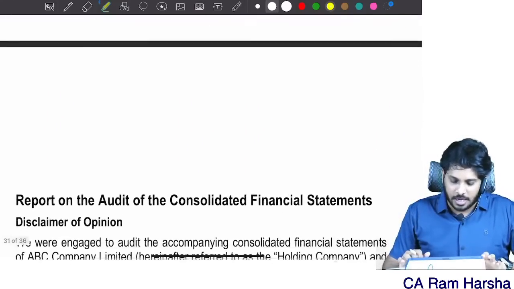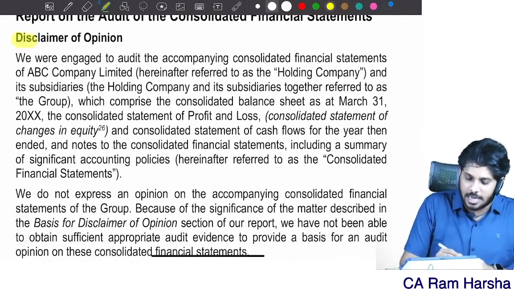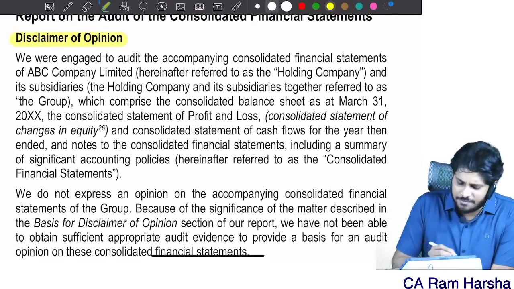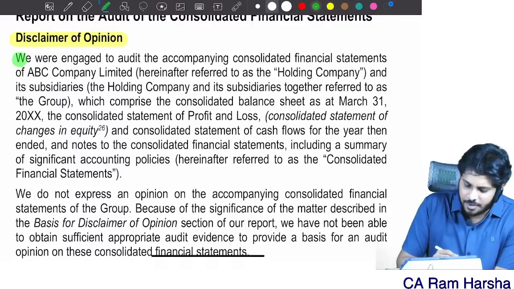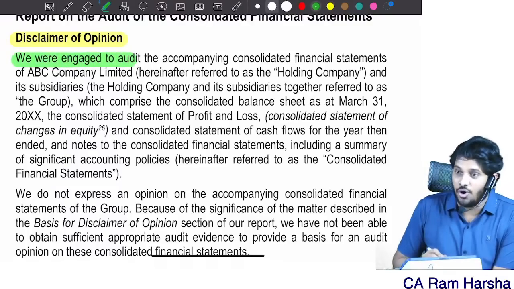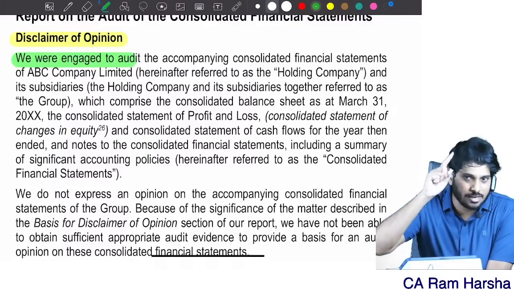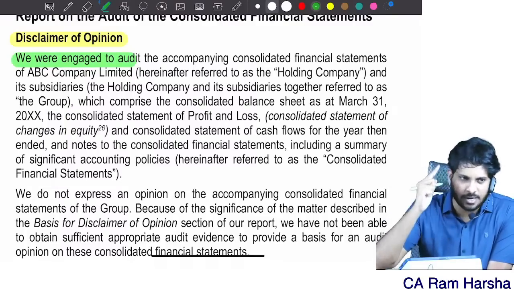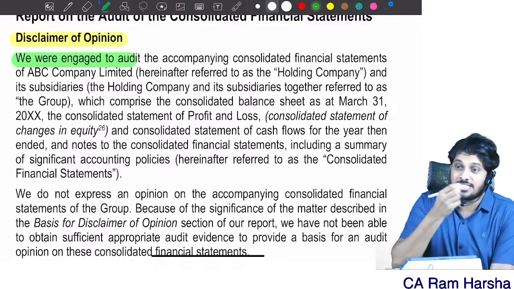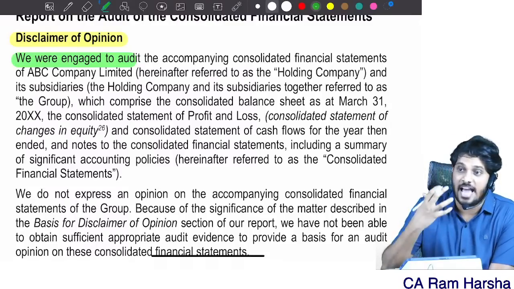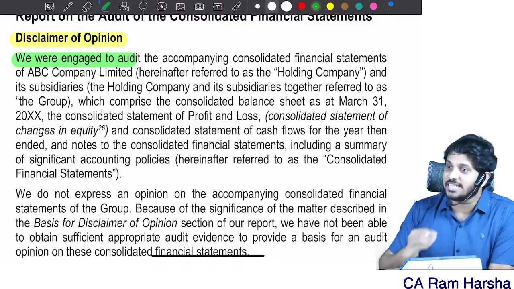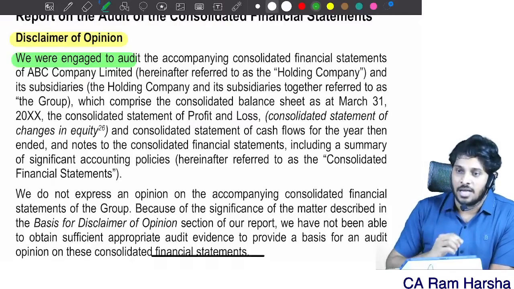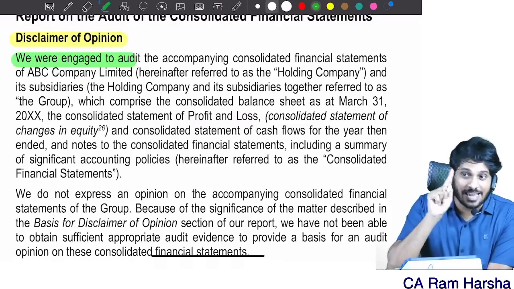So now you look at how the wordings are. Disclaimer of opinion. You see the first line itself they modified. We were engaged to audit. Generally, if it is an adverse opinion, qualified opinion, unqualified opinion, we straight away start the sentence with we have audited. Here we are mentioning we were engaged to audit.